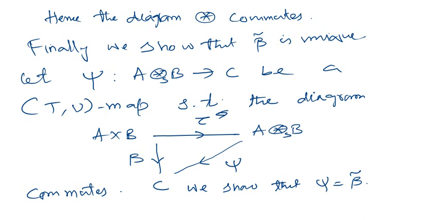Okay, so how do we do that? Now here the domain of beta tilde and psi is A tensor B. Let's take any element in A tensor B and we show that at every element of A tensor B, psi is the same as beta tilde.